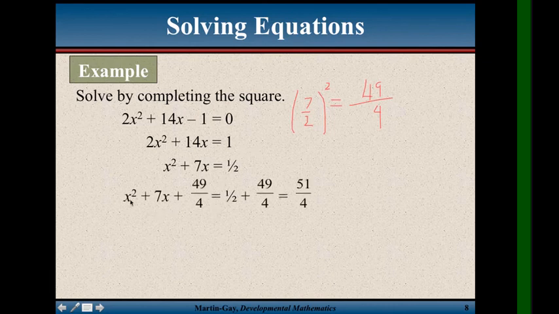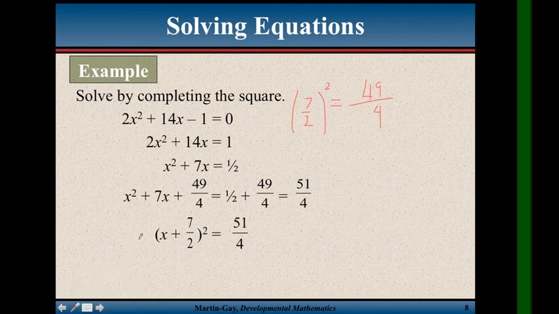So obviously, for this one, the factor will be x plus 7 over 2 squared. For this one, we just add all of this: 1/2 plus 49 over 4 is equal to 51 over 4. So we have x plus 7 over 2 squared equals 51 over 4.